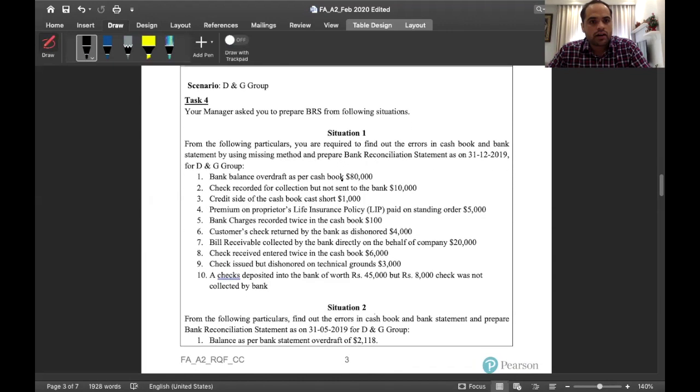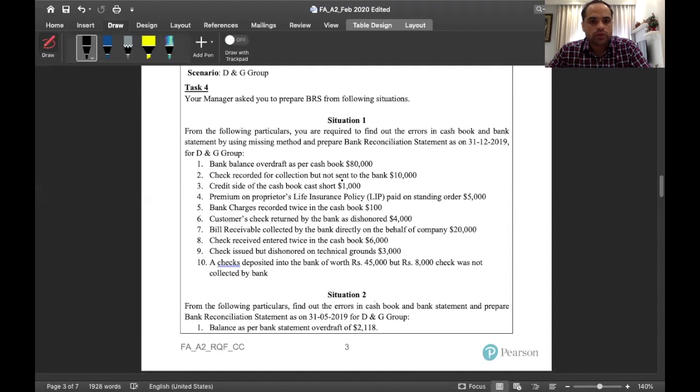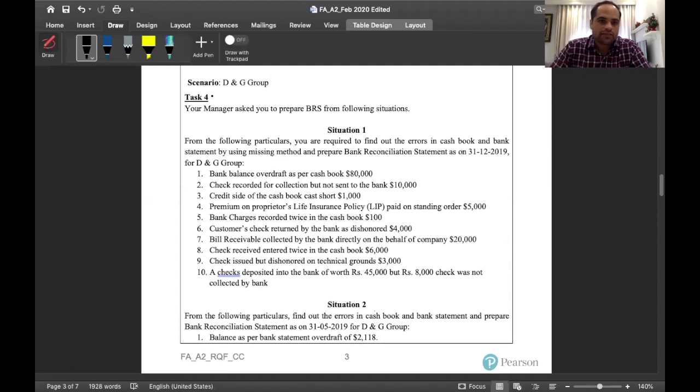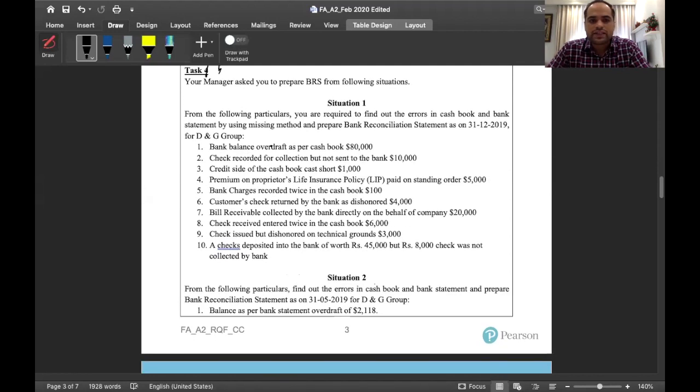So here is your task 4. As I said, task 4 or 5, maybe it's 5, because in assignment 1 you have task 1 to task 4. So in task 5 you have 3 situations.